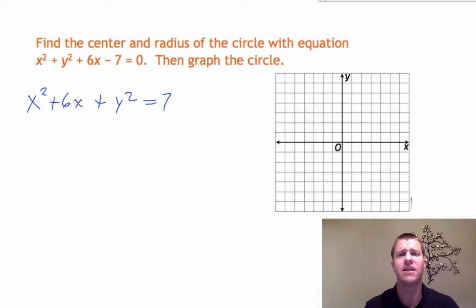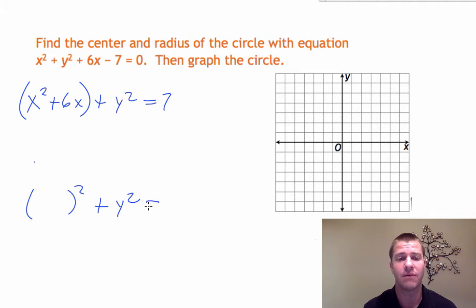I basically need to do what we did with the parabolas and complete the squares to make this a perfect square trinomial so that it can factor into a binomial that's squared. I only need to do it for the x this time because the y is only y squared. I don't have a y value, so that's going to be it for that one.